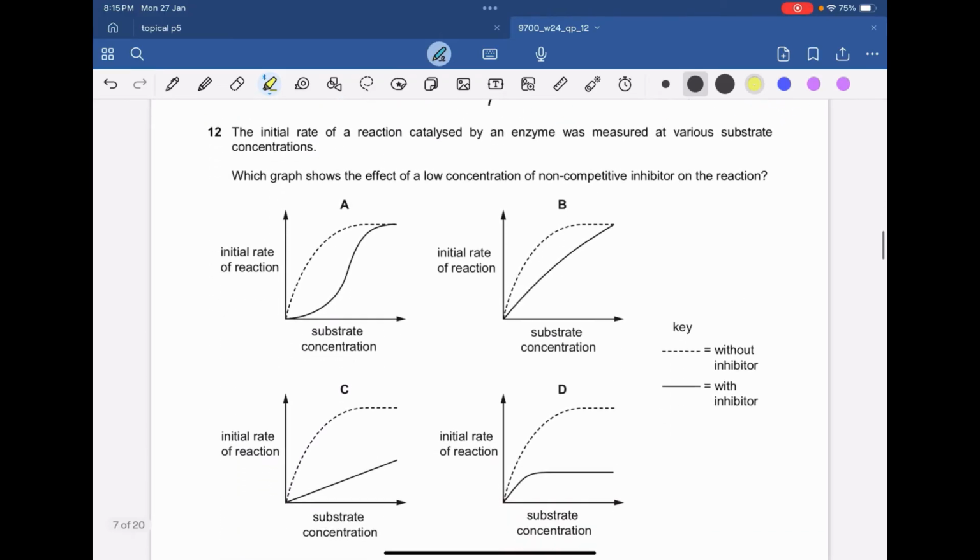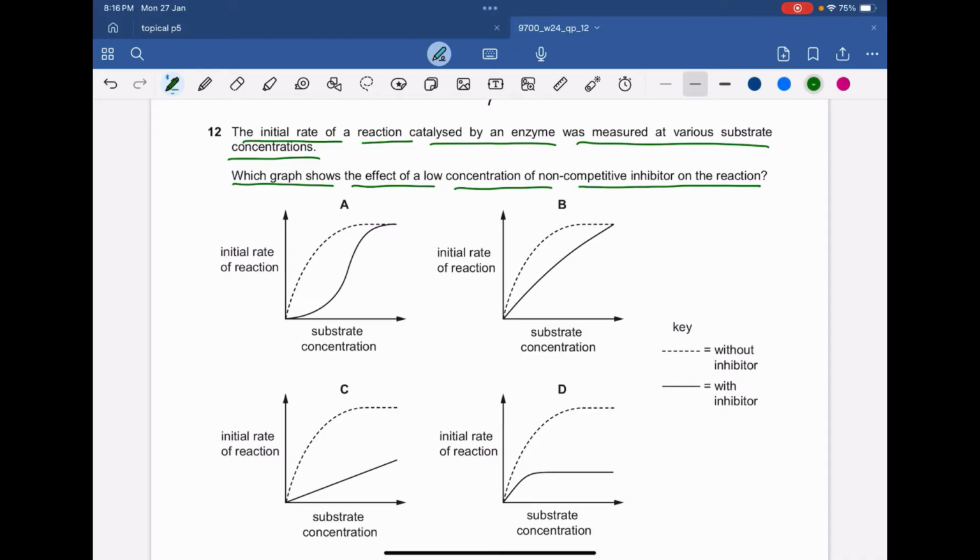Now let's move on to question number 12. Question number 12 says that the initial rate of a reaction catalyzed by the enzyme was measured at various substrate concentrations. Which graph shows the effect of a low concentration of non-competitive inhibitor on a reaction? So basically, in this question they are asking us about the graph of non-competitive inhibition.